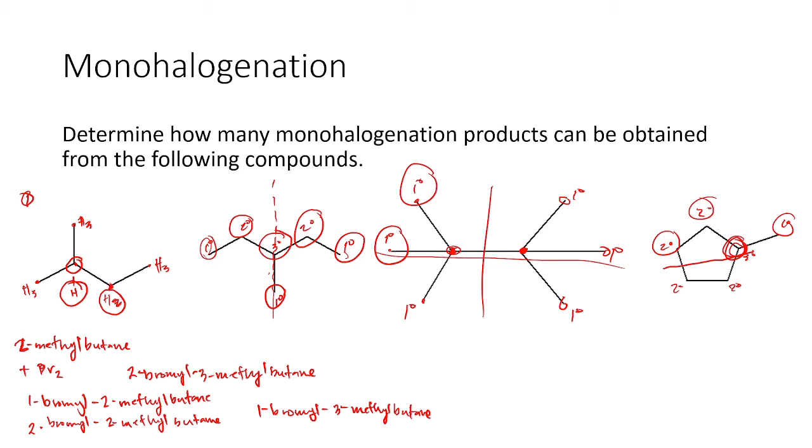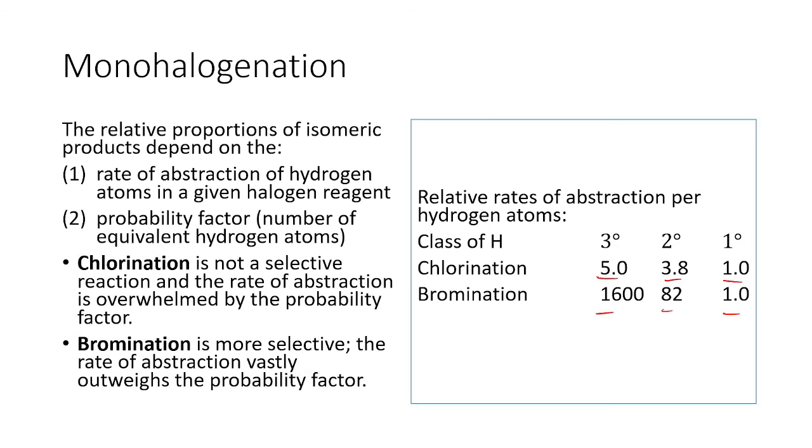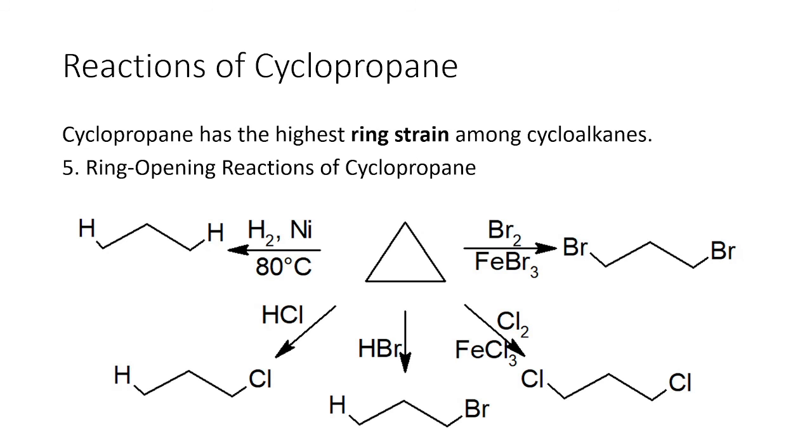Okay. So for the last reaction of alkanes and cycloalkanes, we actually have here the reactions of cyclopropane. These are mainly ring opening reactions of cyclopropane. In here we have our conditions or our reagents. Nickel here is the catalyst.